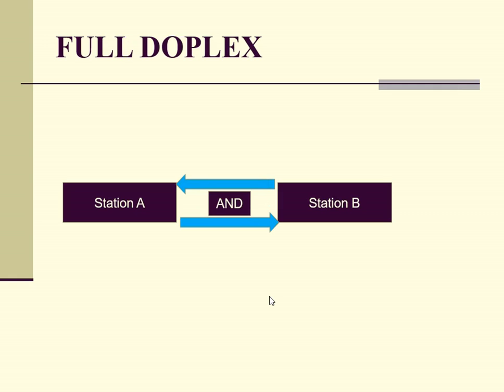Now full duplex, DUPLEX. In full duplex communication, stations can send messages in two directions simultaneously. It is simultaneous in nature. Station A and station B can send data at the same time.